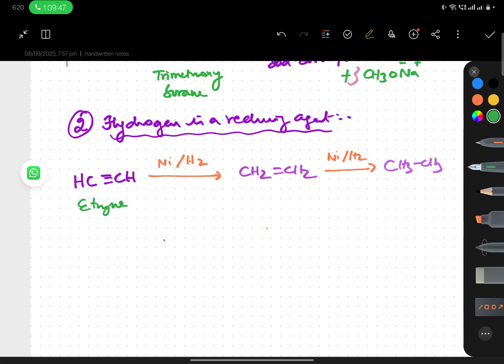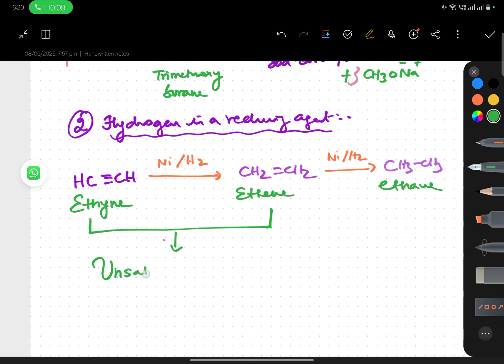So you can prepare ethyne to ethene to ethane. So it can act as a reducing agent. So these two molecules are called unsaturated molecules because of the double bonded system.